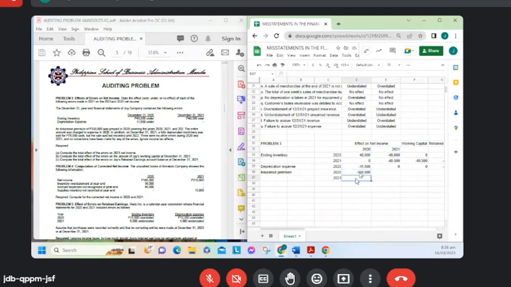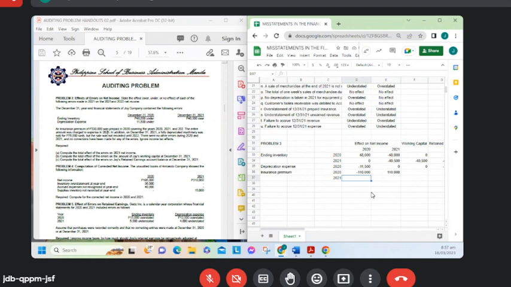Come 2021, so what's the effect of that? Dito tayo sa kasi come 2021, the entire amount of the prepaid insurance was expensed out. So ibig sabihin the full amount of 330,000. So in that case, overstated ang expenses.